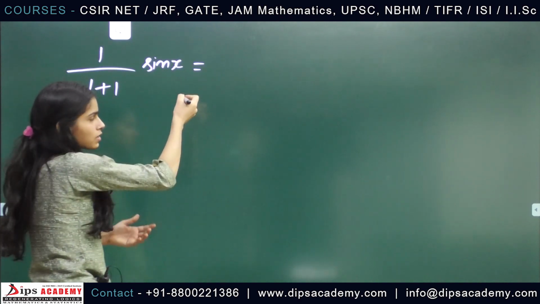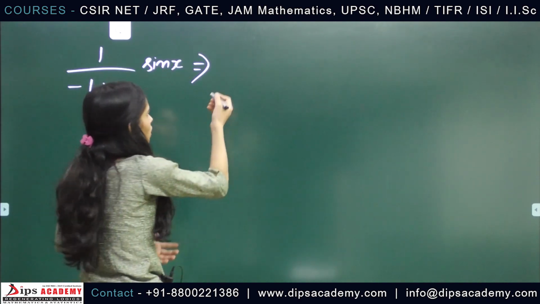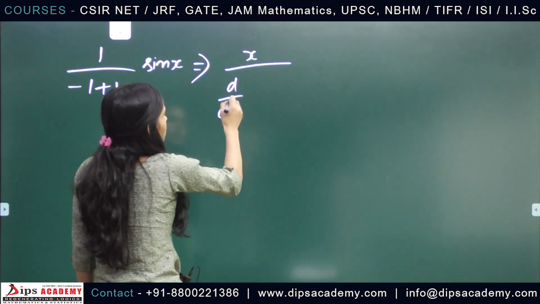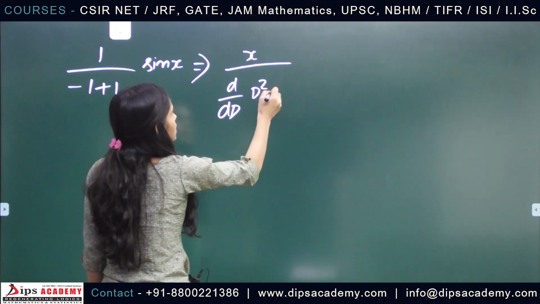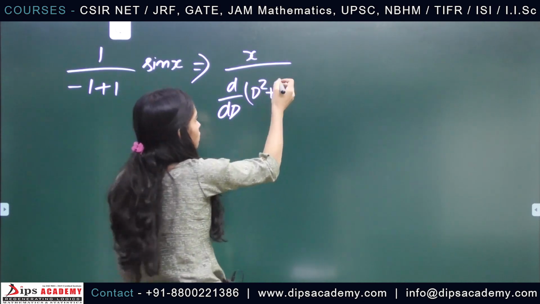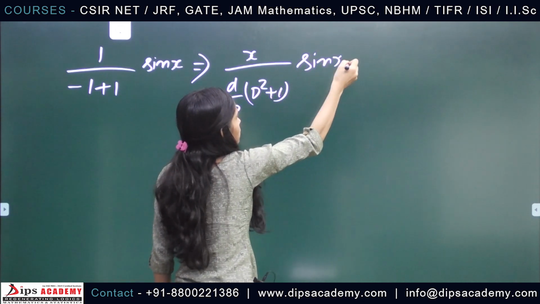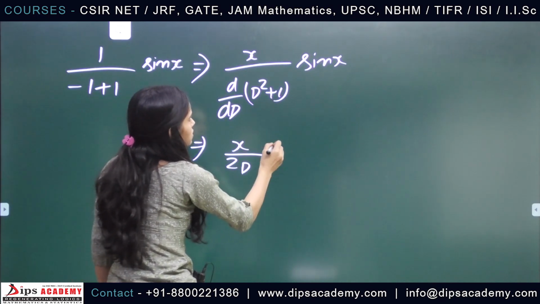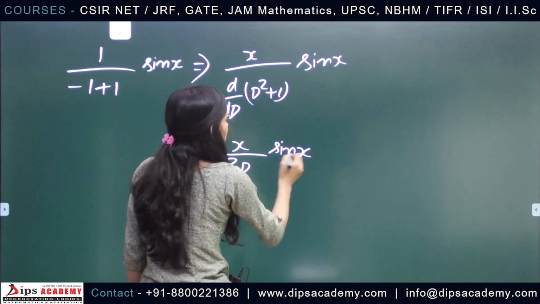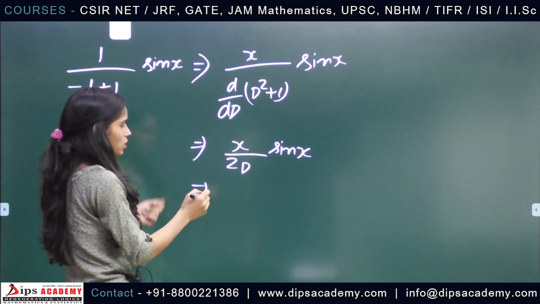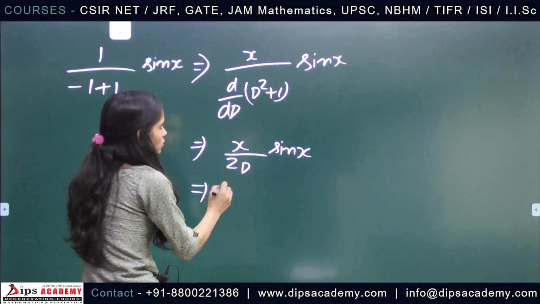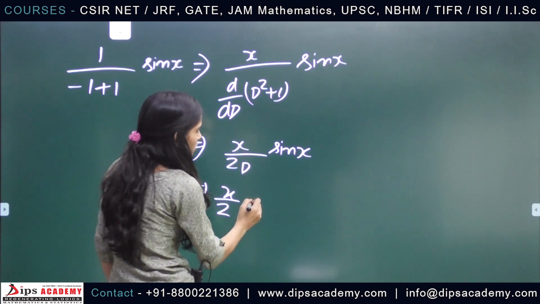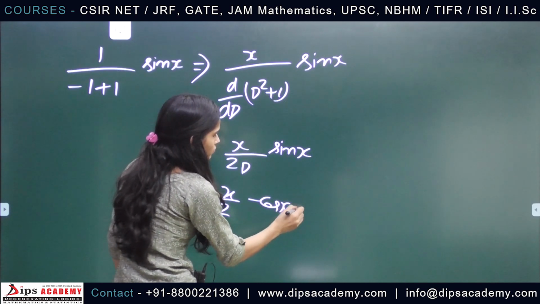This is the case of failure. In the case of failure, we multiply by the independent variable x and differentiate the function of D, that is D squared plus 1, with respect to D, keeping sin x. So we have x over 2D sin x, and then we find the particular integral as before. That is x by 2, and 1 over D is the integration of sin x, that is minus cos x.